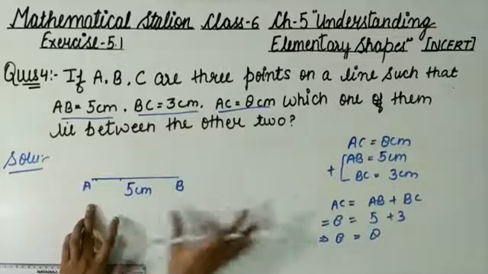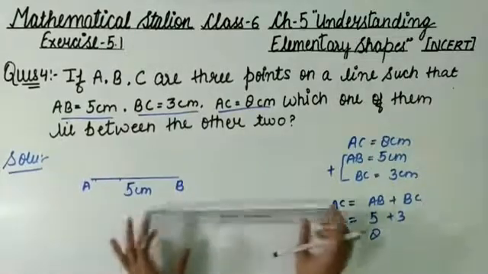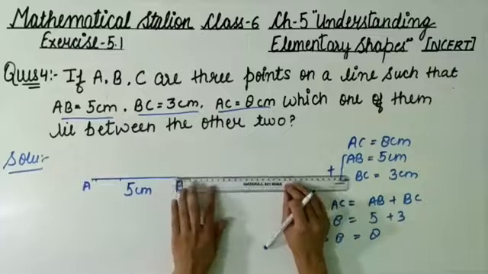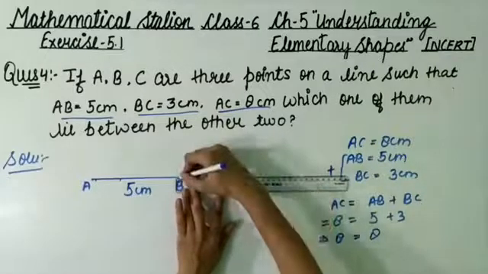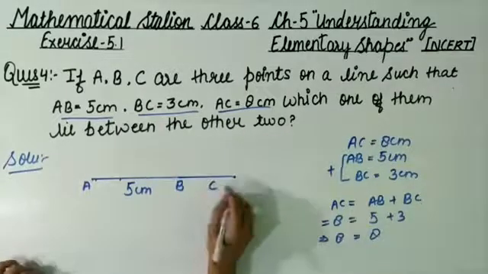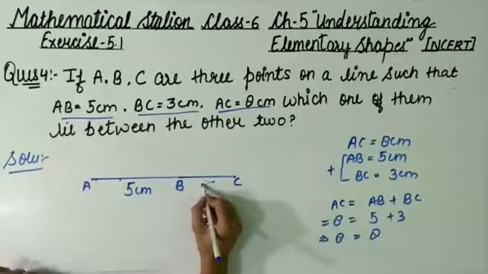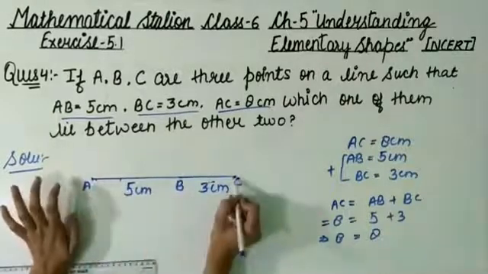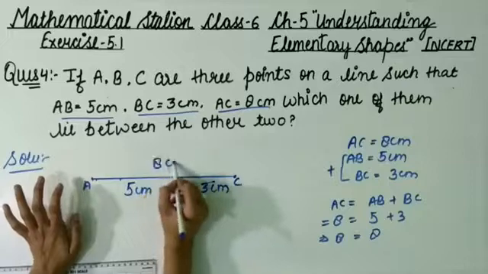Now by placing the ruler on point B, we are drawing BC. Okay. So it is of 3 centimeter. So here BC is of 3 centimeter and AC is of 8 centimeter.